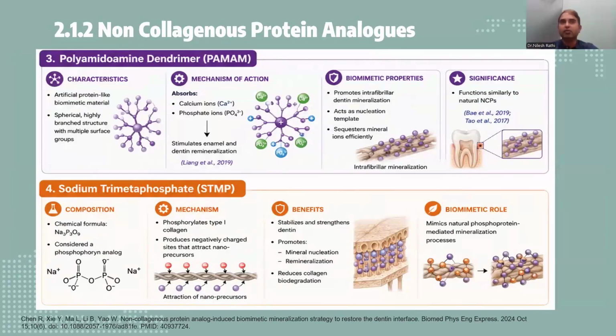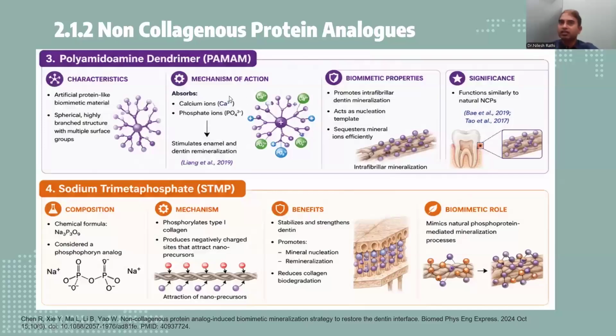It is an artificial protein, and this protein has micelles. These micelles attach to the calcium and phosphate ions, and this attachment is then adhered over the intrafibrillar area of dentin.